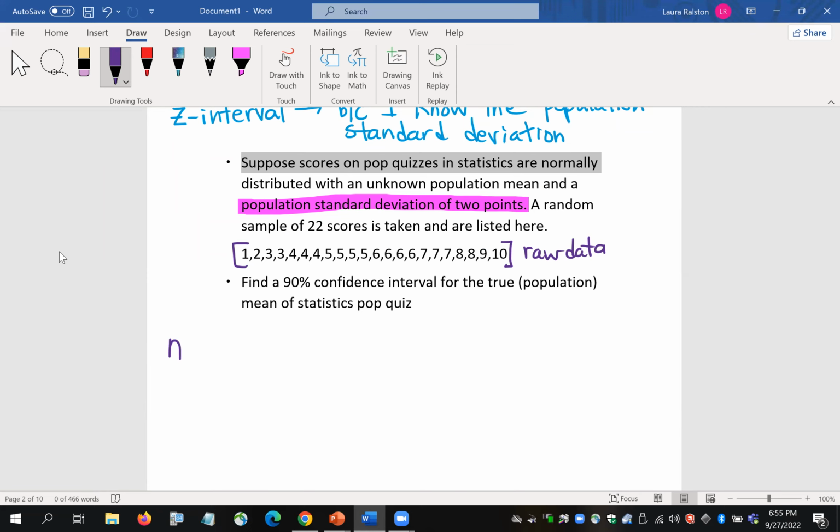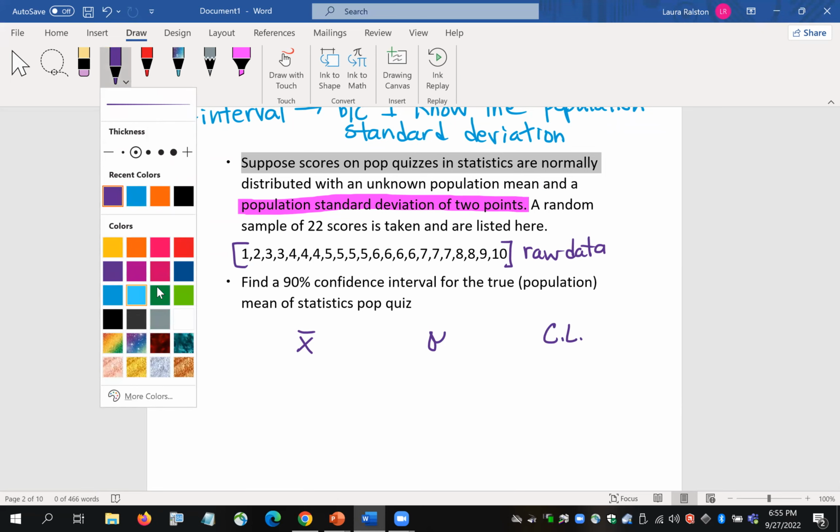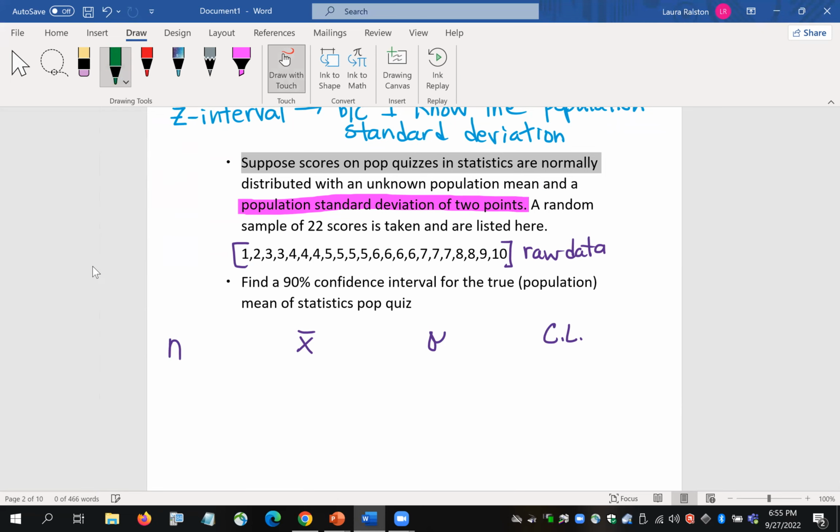It does tell me here that I have 22 scores. If I didn't know that, I could count up how many I have. Okay, so I'm told that my sample size is 22.